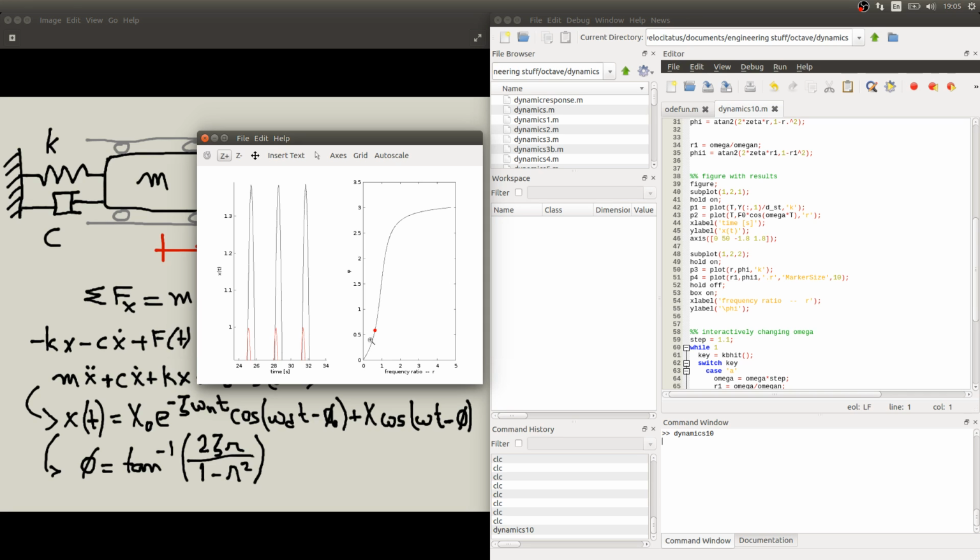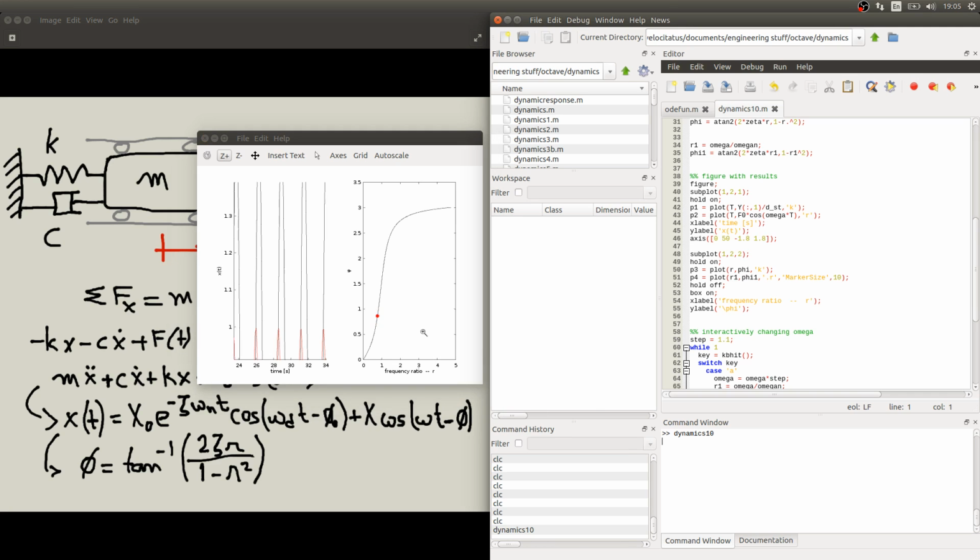So what this curve here is telling us is that this phase angle phi changes as we change the forcing frequency. So if we go ahead and keep increasing this forcing frequency, we see this red dot moving over this curve.